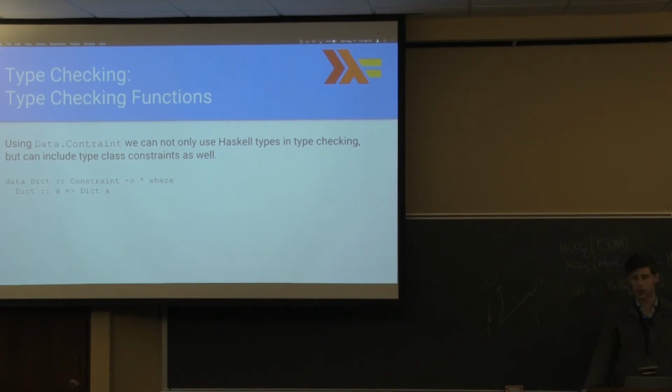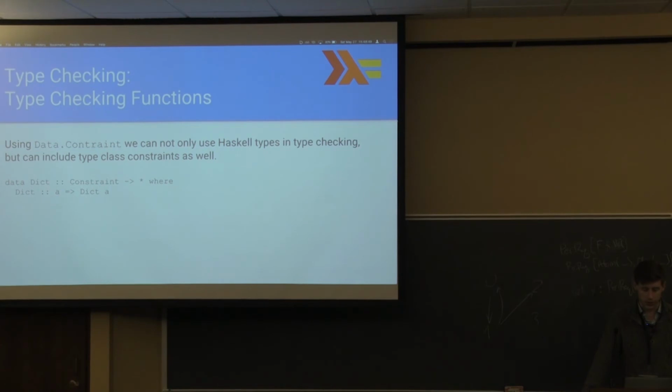The dict is the fundamental tool of the constraints package. It's a little bit of compiler wizardry, so to speak. But here's its definition right here. What it says is that for a particular type, we have a particular constraint that satisfies that type.